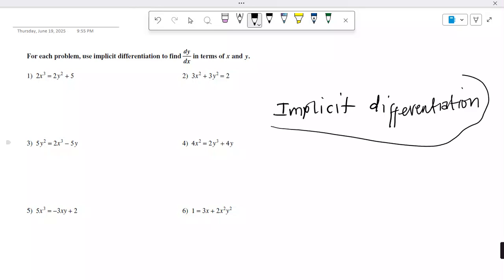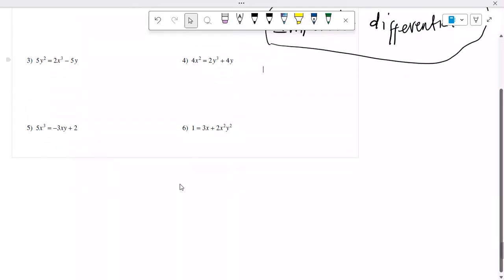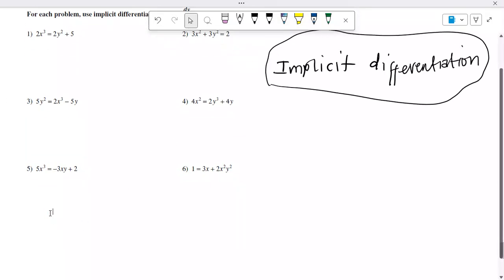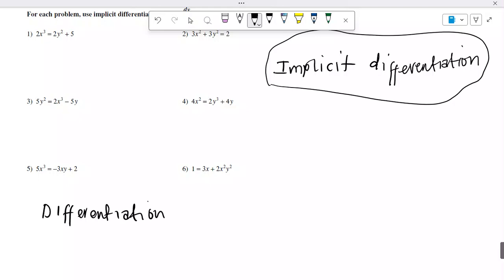For those who have not watched my earlier videos on integration, please do so that we can be on the same page. Differentiation is the opposite of integration.